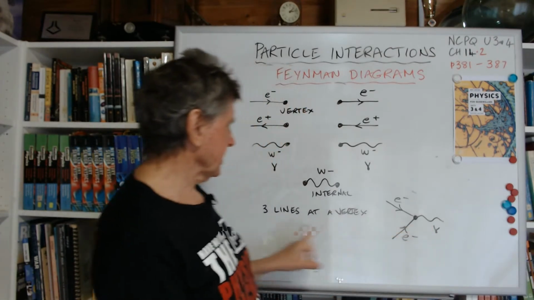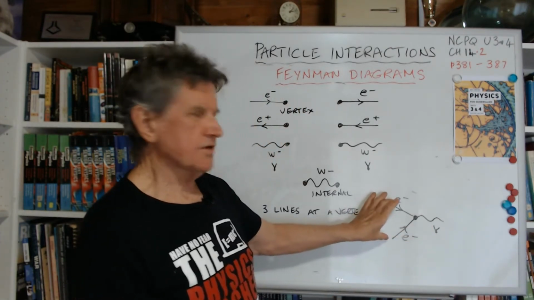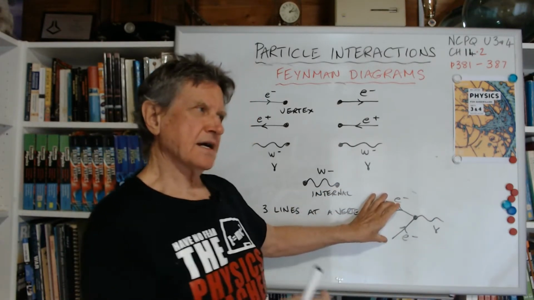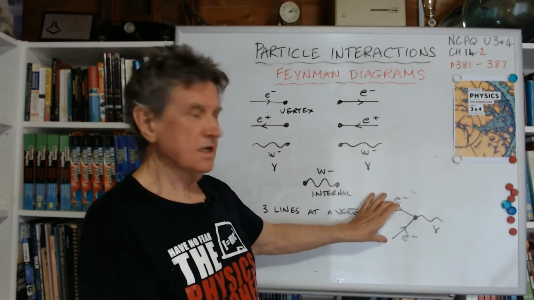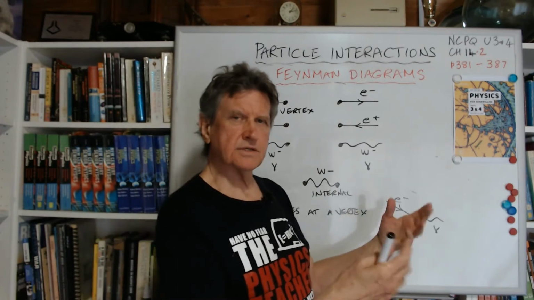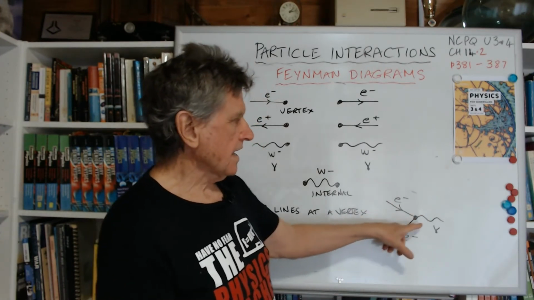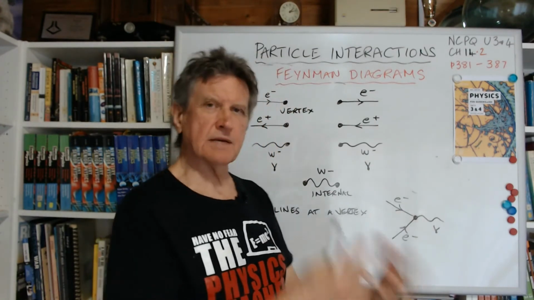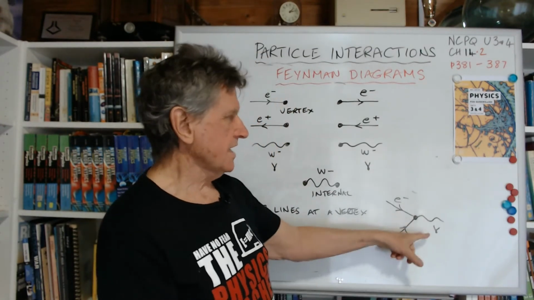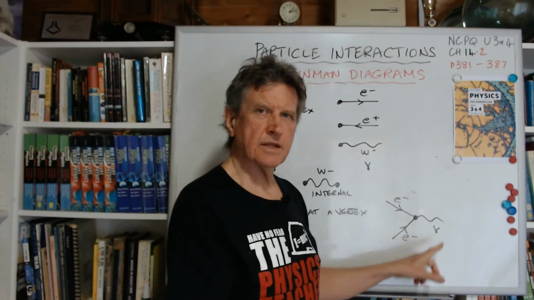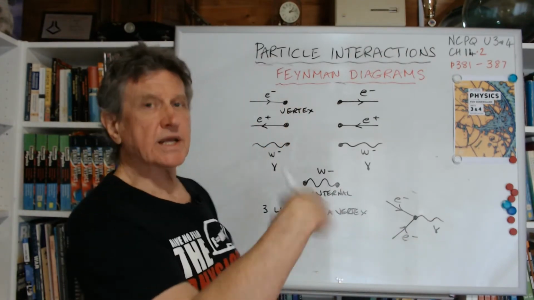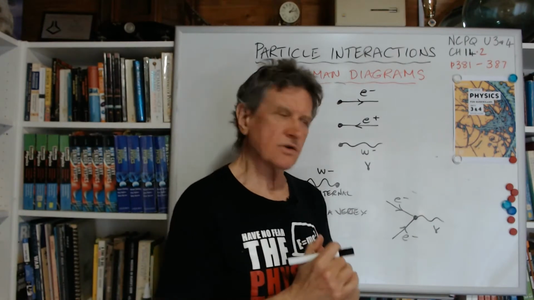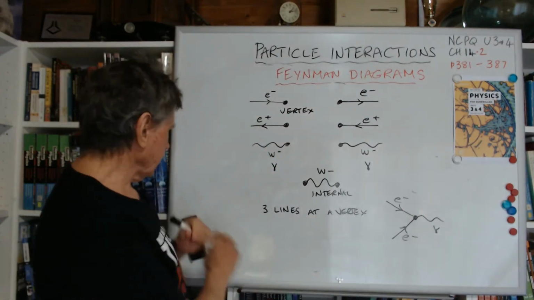So you always get 3 lines at a vertex: 2 matter particles, either a quark or a lepton, or a composite such as a neutron or proton, and the third is a gauge boson, so it could be W plus, W minus, Z, or the photon. Now it's not a squiggly line, it's not a gluon, because the syllabus is not asking you to look at gluons. Okay, so that's that.